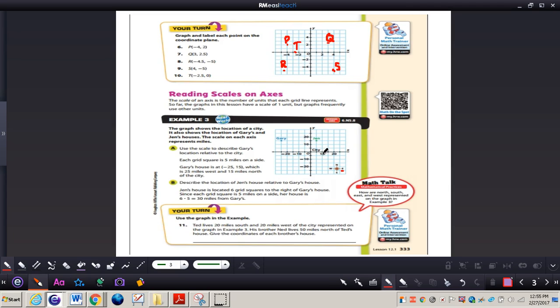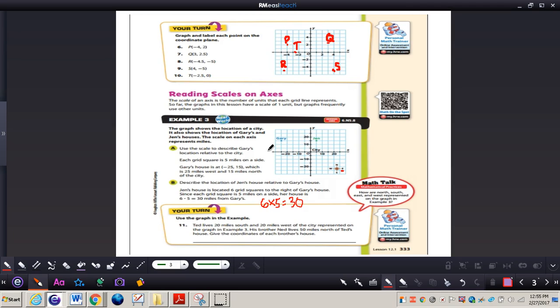We need to realize that each grid square is 5 miles on a side. So you just take 6 total squares times 5 miles per square. It's going to equal a total of 30 miles away from Gary's house. So we can see how coordinate grids are used to represent real-world situations.